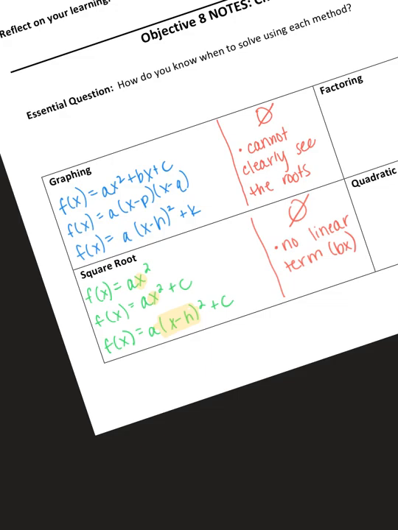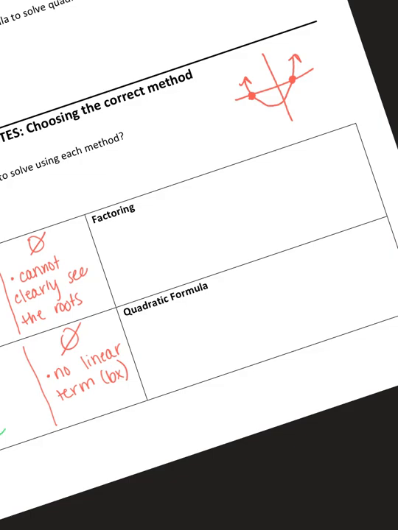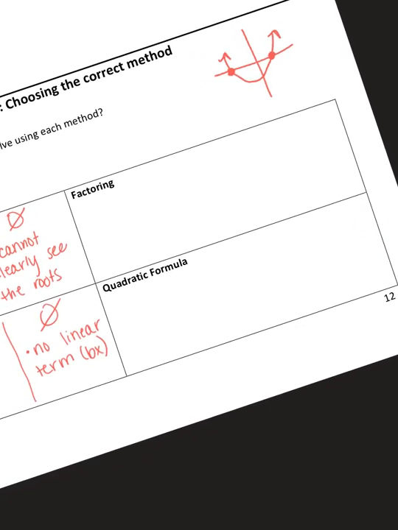All right, the last two forms that we have are factoring and the quadratic formula. So factoring can only be used when your function is in standard form, so ax squared plus bx plus c. What's nice about factoring is once you get it down, it's quick, especially if a is equal to 1. You're going to use the diamond, and you're going to use the area model if a is not equal to 1 to factor.